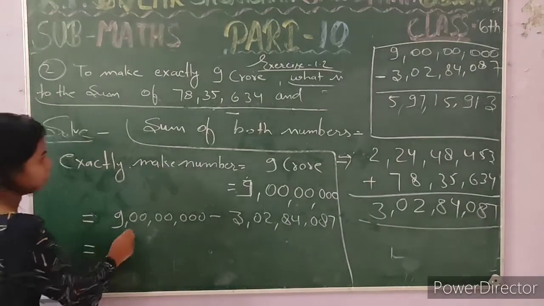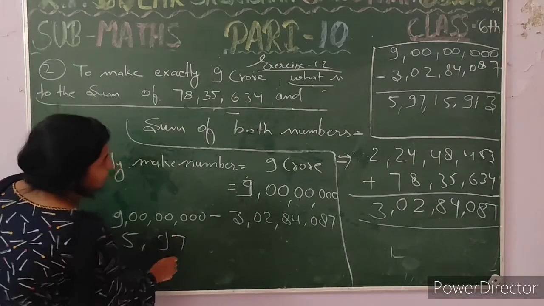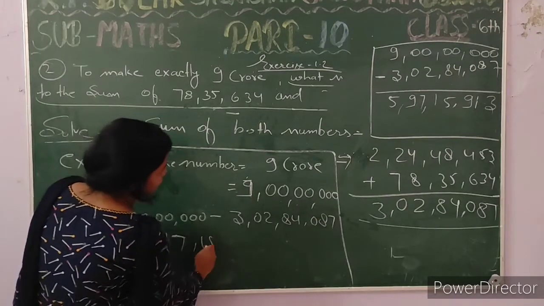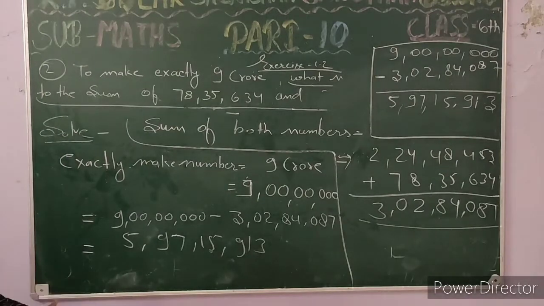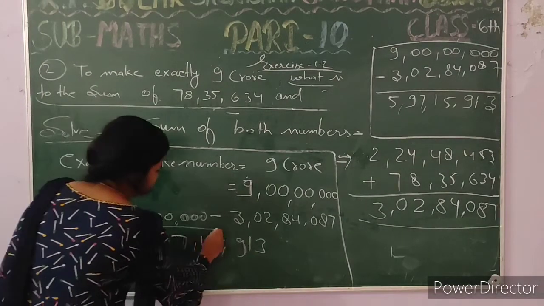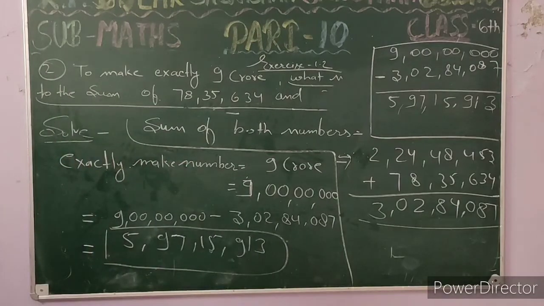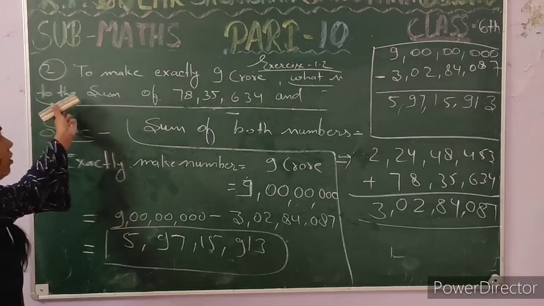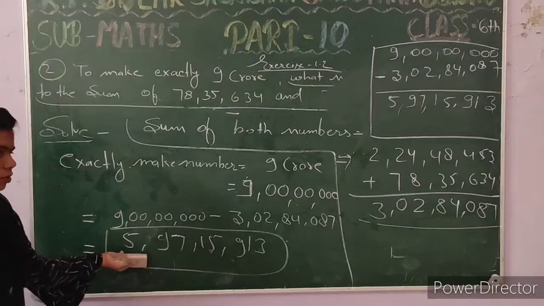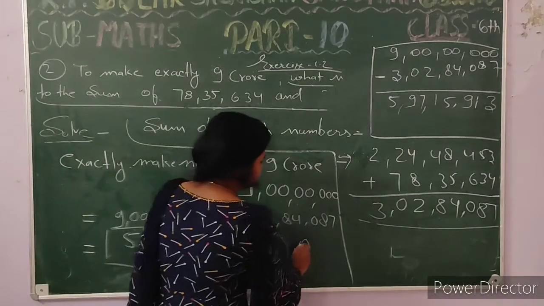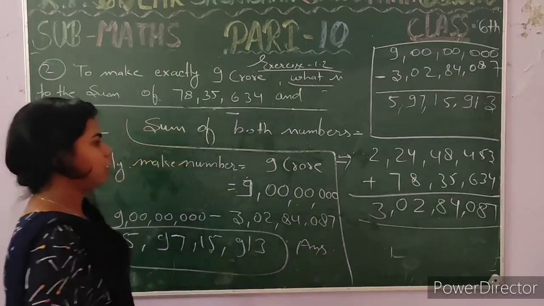So to make exactly 9 crore, the number that should be added to the sum of these numbers is 5 crore 97 lakh 15,913. Here you write the answer. Very easy question.